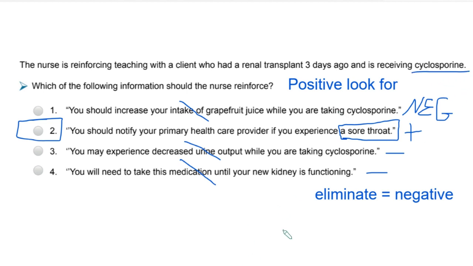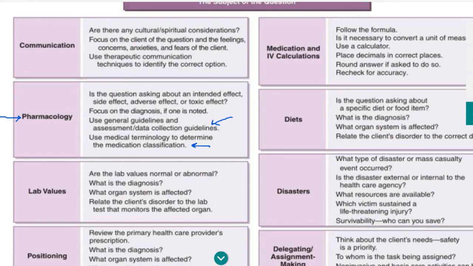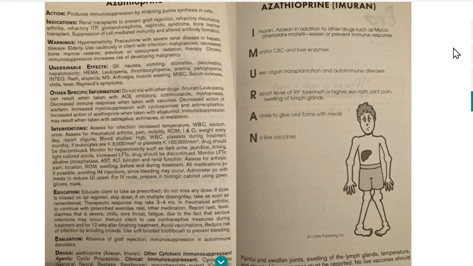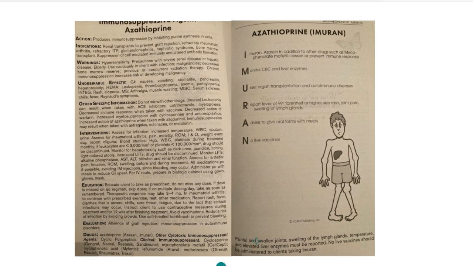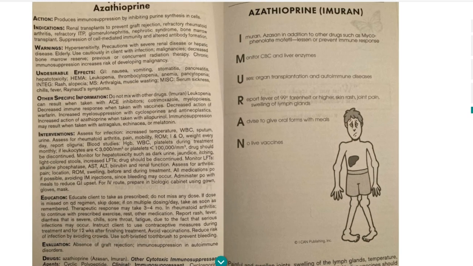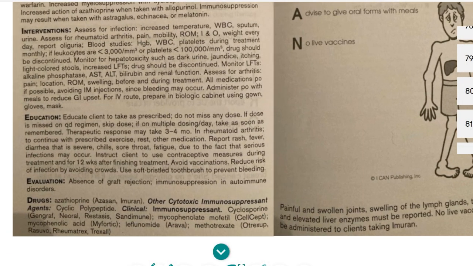Our medication here was cyclosporine. We are going to look at a drug card. This is azathioprine Imuran, which is, it's cut off here, but it says immunosuppressant agent. Here are the multiple meds up under this classification. Azathioprine.